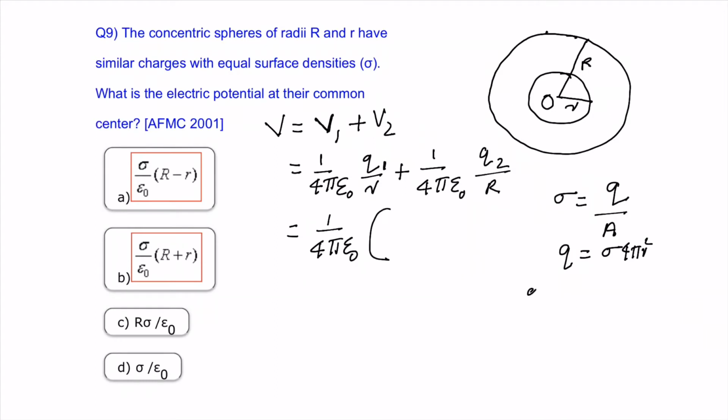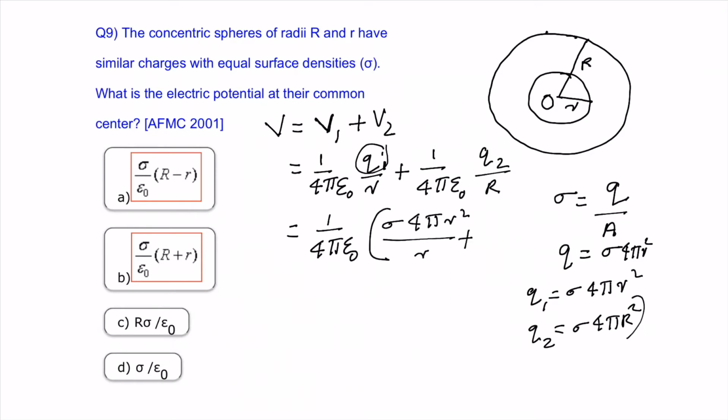For the smaller sphere, it should be sigma into 4 pi small r square, and for the bigger sphere it should be sigma into 4 pi capital R square. Substitute these values here. Instead of q1 you can put sigma into 4 pi small r square by r, plus for the bigger one you can put sigma into 4 pi capital R square by R.